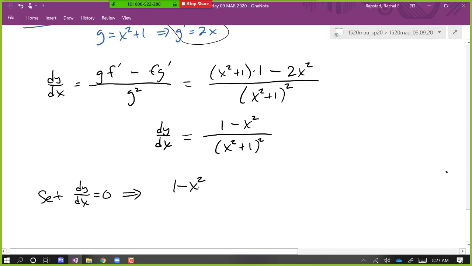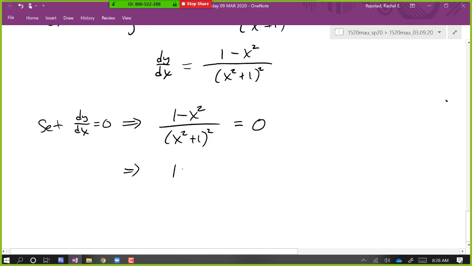So 1 minus x squared over x squared plus 1 squared equals 0. We have this equation with fractions, but it's a single fraction equal to 0. When is a fraction equal to 0? Yeah, when the numerator is, so this is just 1 minus x squared equals 0. It's a difference, we could factor it as a difference of squares if you like, or you could isolate the x squared and take the square root. Either way, we'll get the same result.